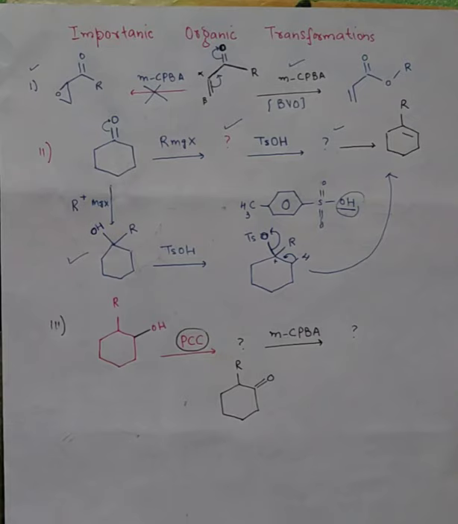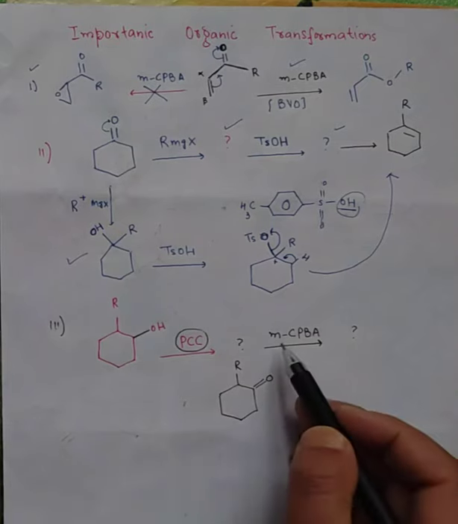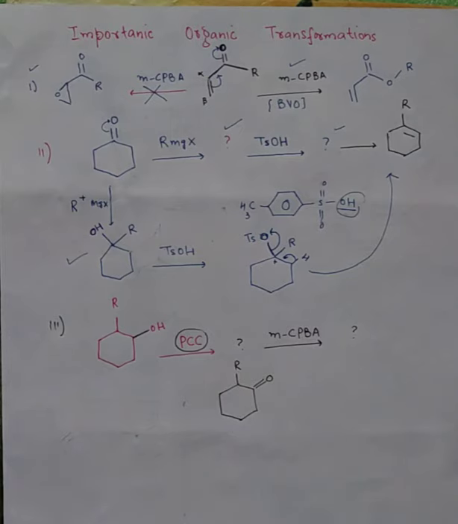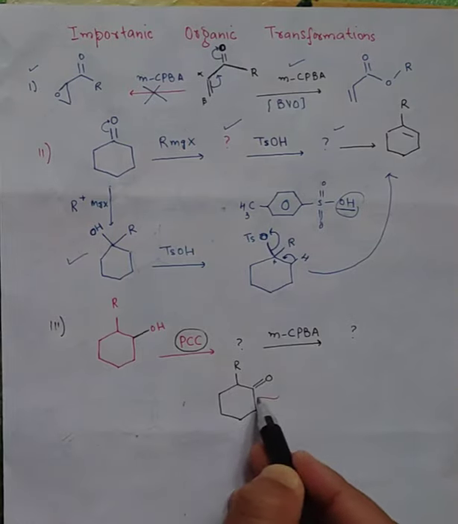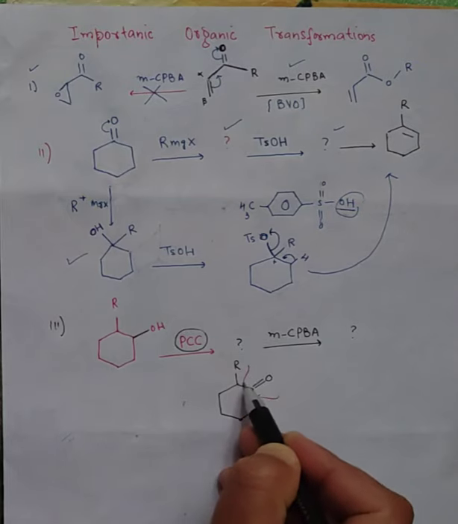Next, we have to treat this compound with metachloroperbenzoic acid. Metachloroperbenzoic acid converts carbonyls into esters, so you simply insert an oxygen. Now the question is whether that oxygen will get inserted on this side or this side.